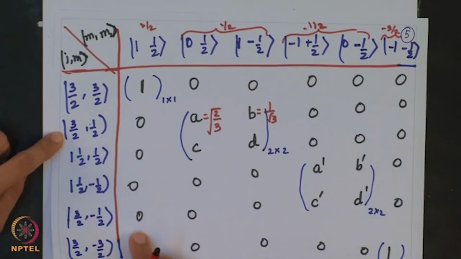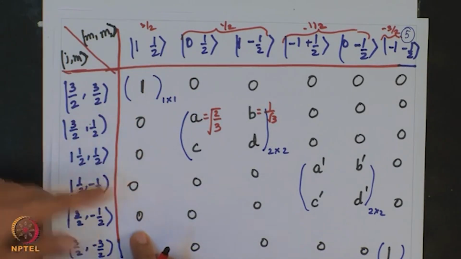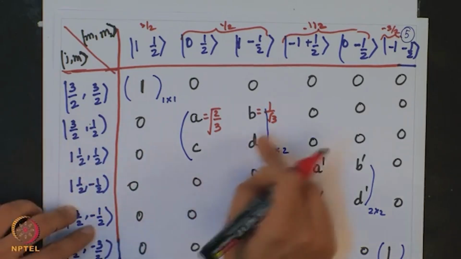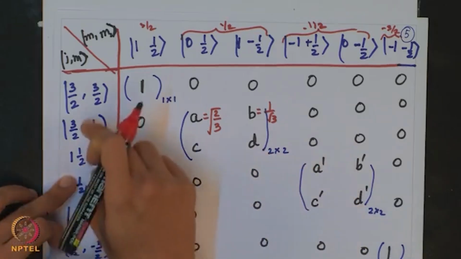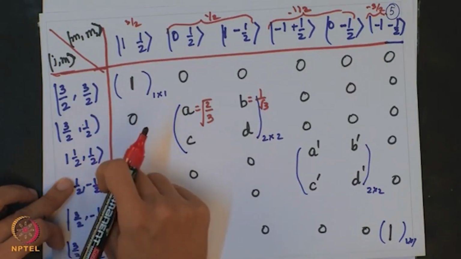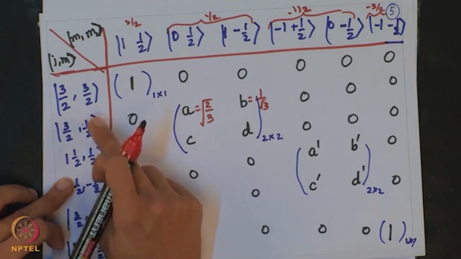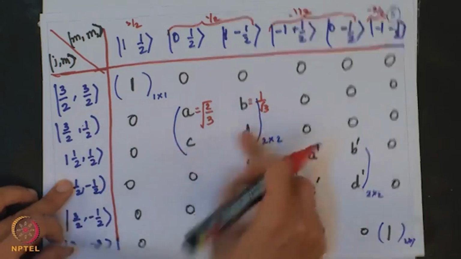When you operate this on any of the other states, 1 minus half or 0 half, you will obtain the value of C and D, because you can put this 3 by 2 half and half. When you use the orthogonality condition and these two equations, you will be able to evaluate C and D. So, I leave it to you all to do this part to evaluate C and D.